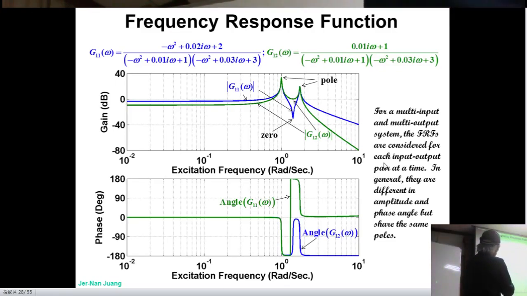Now, of course, if we don't have this 0.01i, then what happens? You have a real omega that makes it to be 0, then this becomes infinite. That means what? There's no damping. This is the damping. If you don't have damping, you have a real omega, then make the pole become infinite.